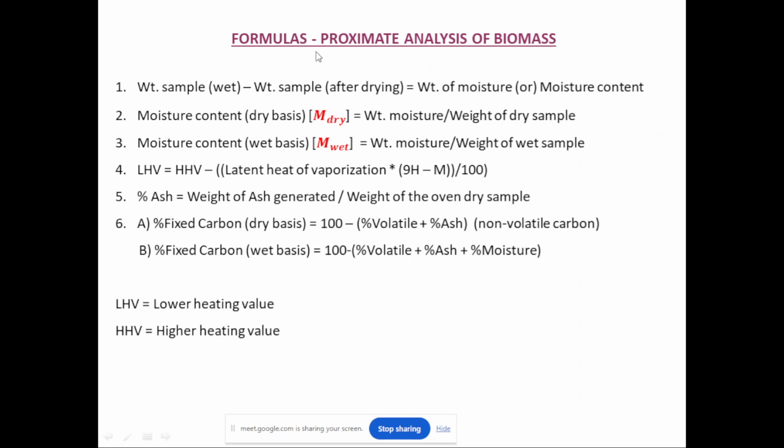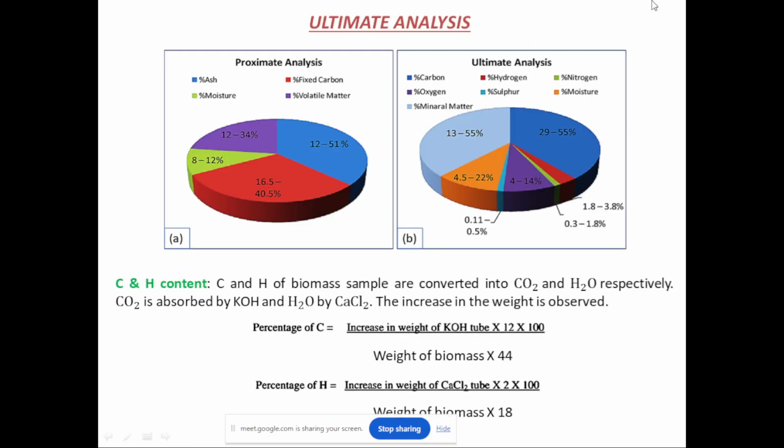Here we have seen the formulas. These are the 6 important formulas that you will require while doing the proximate analysis for the biomass. But if you remember, last time when we talked about the characterization of the biomass sample, we talked about another kind of analysis, which is the ultimate analysis of the biomass.